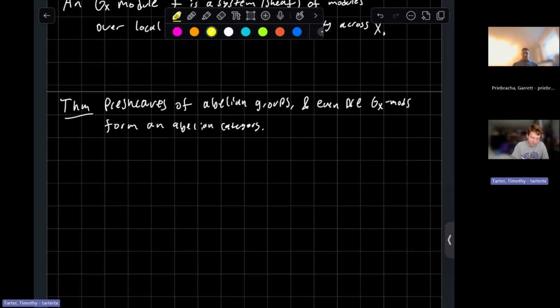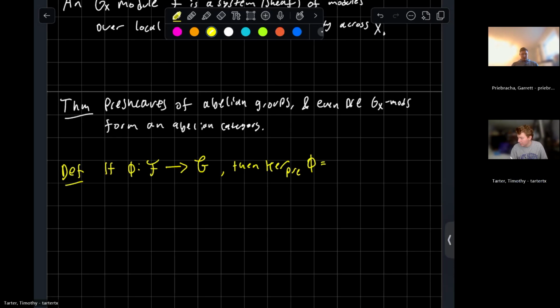So if phi from a pre-sheaf F to a pre-sheaf G is a morphism of pre-sheaves, then the pre-sheaf kernel of phi is the kernel of phi at U. Sorry.